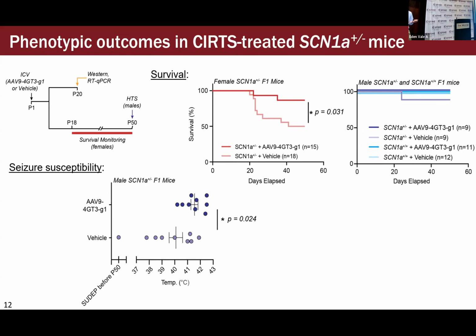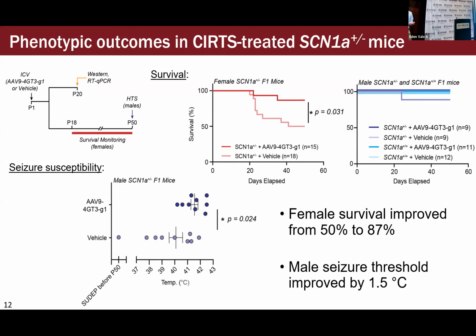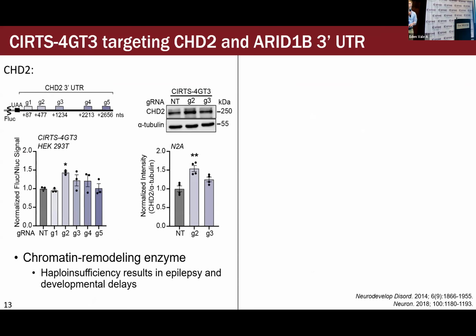We found that mice treated with vehicle had onset of seizures around 40 C, while treated mice had onset around 41.5 C, with 2 mice in this group not recording seizures at all. So we're able to see minor but statistically significant phenotypic improvements, which really help bolster our confidence in moving forward with this strategy.